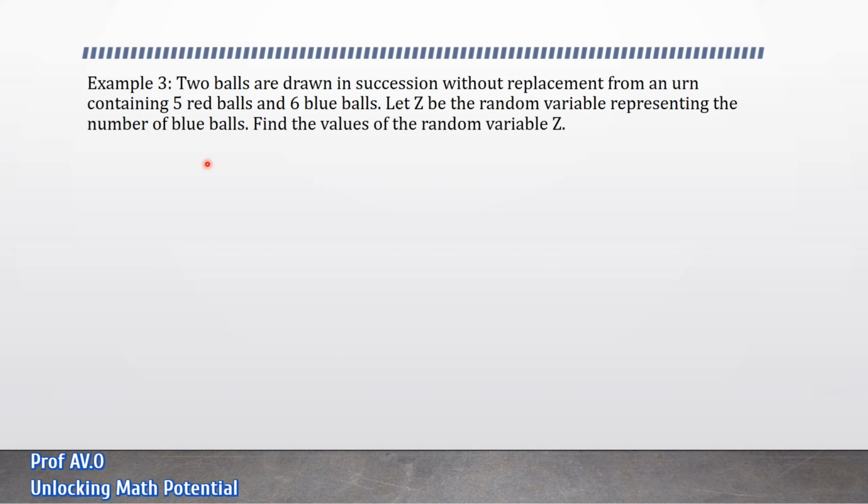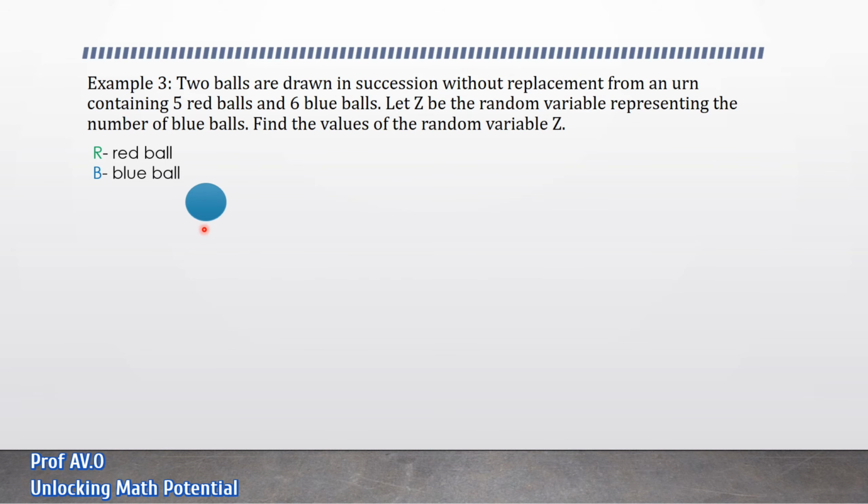So for this example number 3, our given data is 2 balls that are red and blue. And our random variable Z is the number of blue balls that will appear. For this example, I will assign R for red ball and B for blue ball. So let's say I have a ball here.